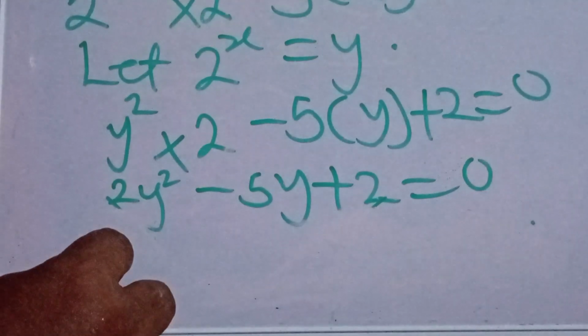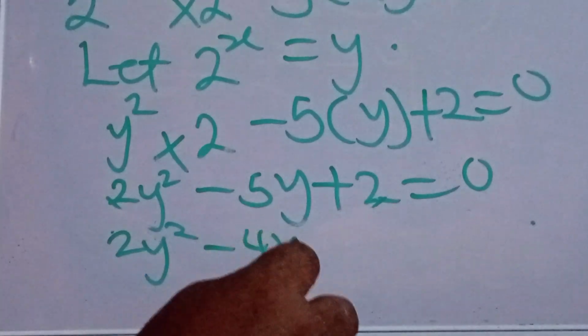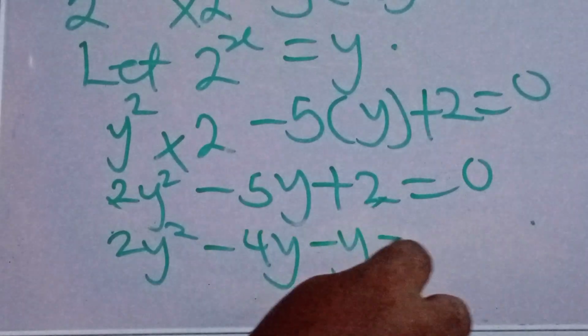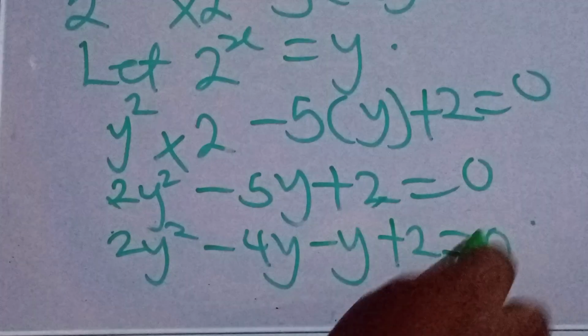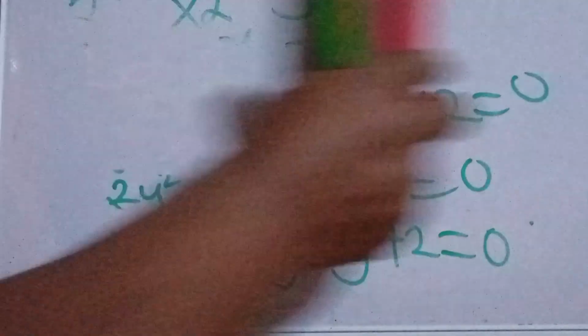We have 2y squared minus 4y minus 1y plus 2 equal to 0. Let's clean this place.